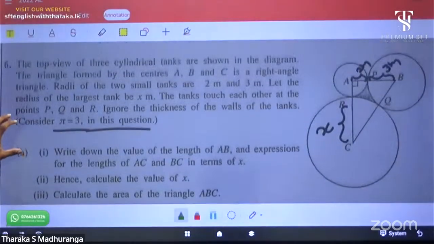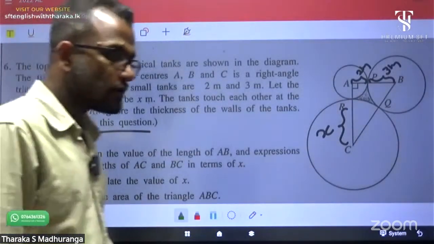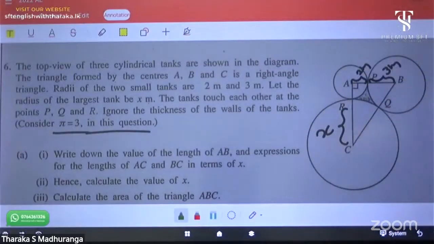Read again, carefully understand the question and find the answer. It's very simple. Think.